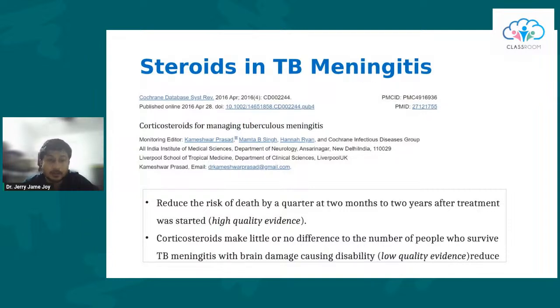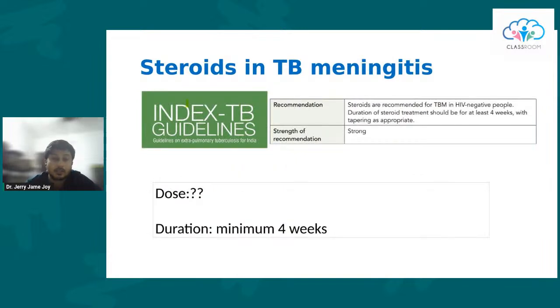They reduce the risk of death by a quarter at 2 months to 2 years after treatment was started. Corticosteroids make little or no difference to the number of people who survive TB meningitis with brain damage causing disability.